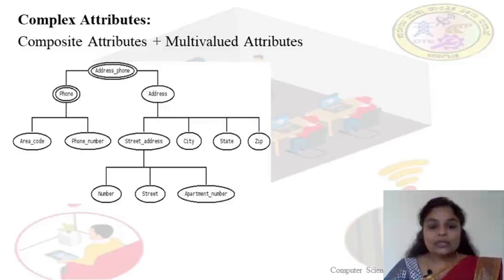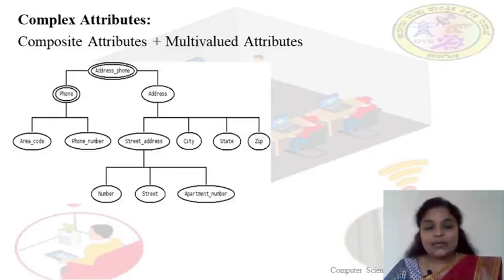Just observe here in the diagram the address field, the right hand part. I am saying only address, not the address phone, not the first circle, the second ellipse which says address. It is further divisible into the street address, the city, state and zip.